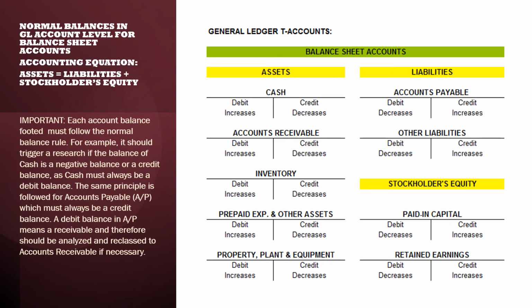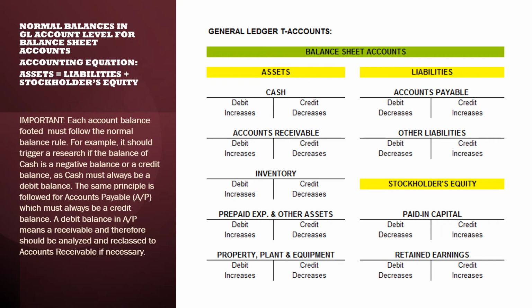So under assets, like we said earlier, the example accounts for assets are cash, accounts receivable, inventory, prepaid expense and other assets, property, plant, and equipment. So these are just examples. We have a ton of asset accounts. We have a ton of different kinds of GL accounts that we're using.